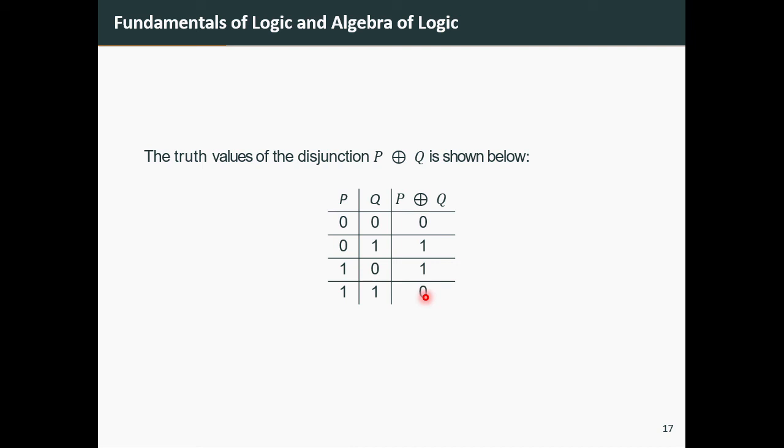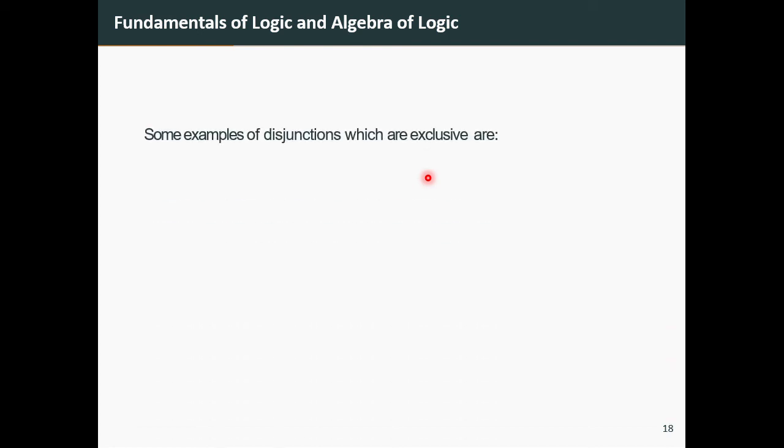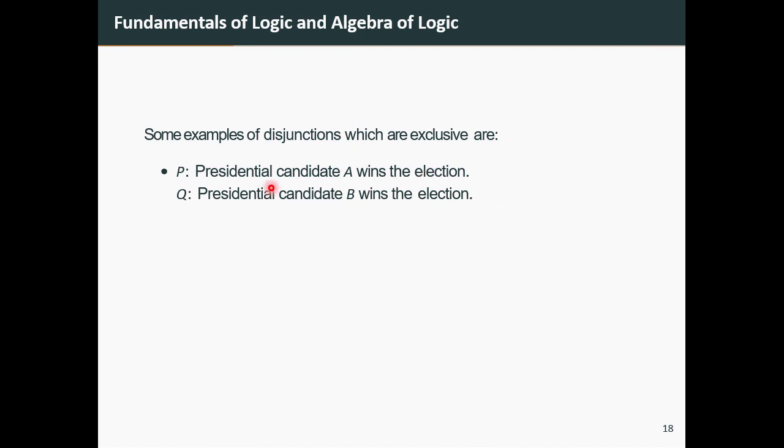Now let's have examples on how to state the XOR of propositions. For our first example, we have the proposition P, presidential candidate A wins the election. The proposition Q, presidential candidate B wins the election.